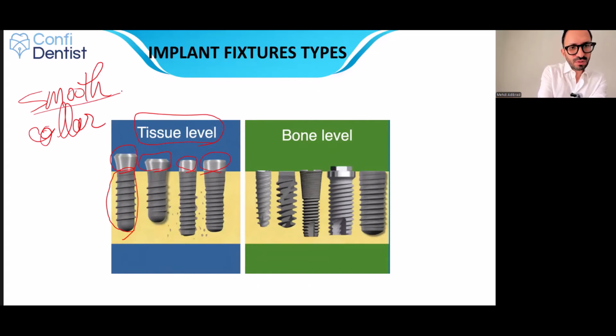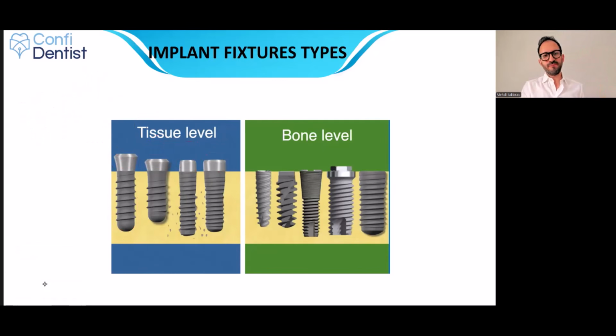And this smooth collar, as the name shows, is very smooth. Okay, it's very, very smooth. And this is for the attachment of soft tissue, fibroblasts. Okay, it's not designed for the attachment of osteoblasts in comparison to the rest of the implant fixture.